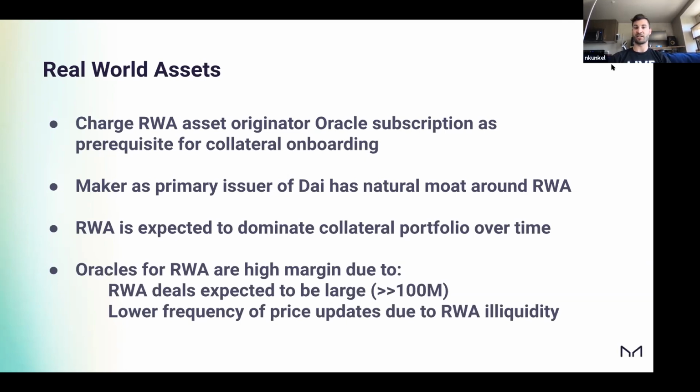You could imagine an auditor or even multiple auditors perusing the financials of a real world asset, verifying that everything is correct and essentially coming up with a price or validating a price that they've been given with respect to that data.